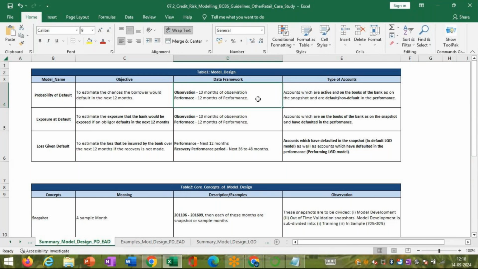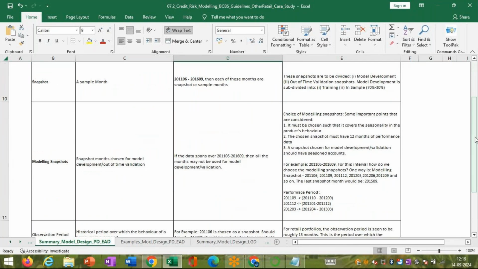So I have to choose only those accounts which satisfy this criteria. If I choose a sample month which does not have the complete 12-month performance, that is not correct. So I will have to choose those months where this 13 months or 12 months of performance is available. So not all snapshot months may be chosen as modeling snapshots.